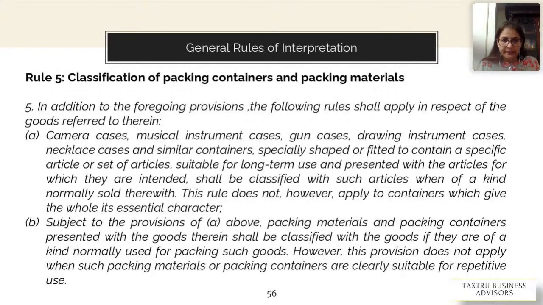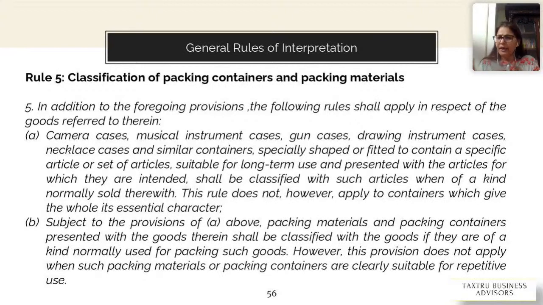So point A says camera cases, musical instrument cases, gun cases, drawing instrument cases, necklace cases, and similarly any other container specially shaped or fitted to contain a specific article or set of articles, suitable for long-term use and presented with the article for which they are intended, shall be classified with such article only when of a kind normally sold therewith.